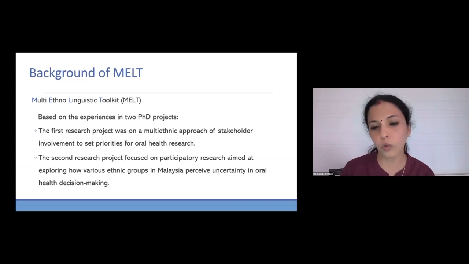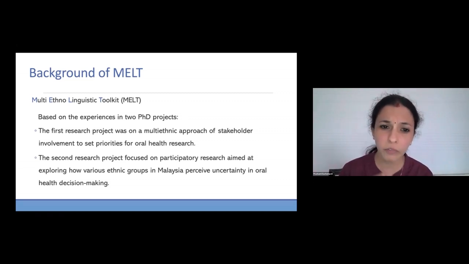And the second one was focused on participatory research, where we try to explore how various ethnic groups of Malaysia perceive and respond to uncertainty in oral health decision making. In both these projects, we involved multi-ethnic groups of Malaysia who spoke different languages. And when we engaged them, we realized that there are so many challenges, so many nuances, and unique features to these different ethnic groups. And that is what led us to the development of this MELT toolkit.